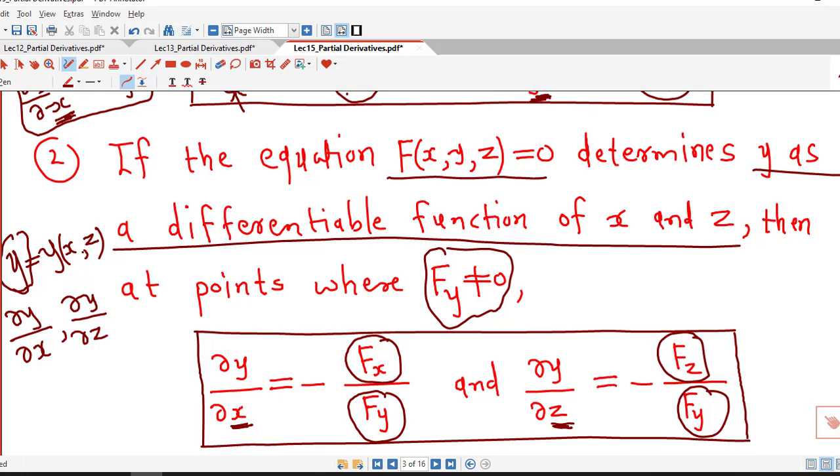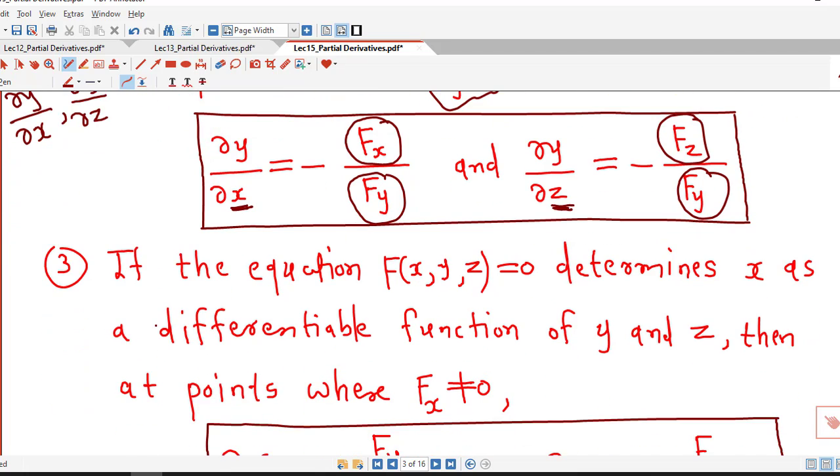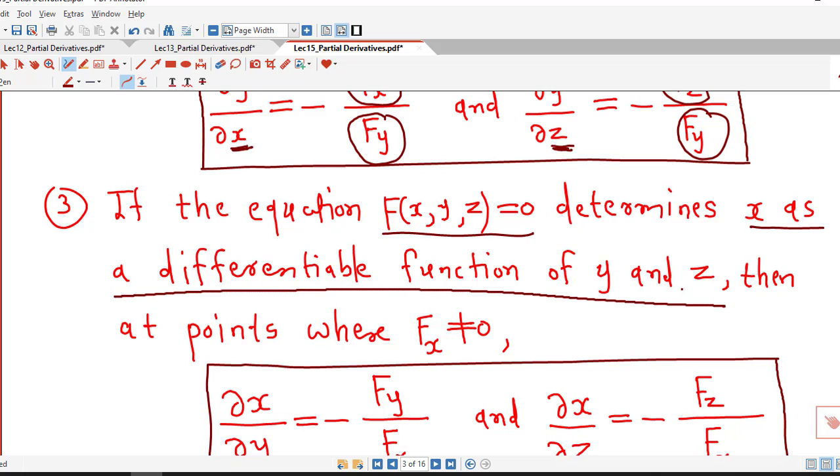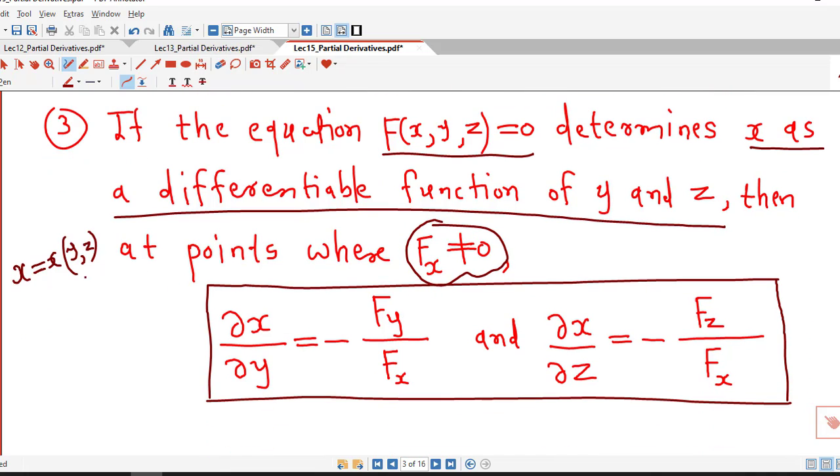Similarly, suppose x is a function of other two variables y and z, then we can find out derivatives of x with respect to y and z. So suppose the equation capital F of xyz equal to 0 determines x as a differentiable function of y and z, that is, x is a function of y and z, then at points where del f by del x is non-zero, we can write down the formulas for partial derivatives of x with respect to y and with respect to z as written here.